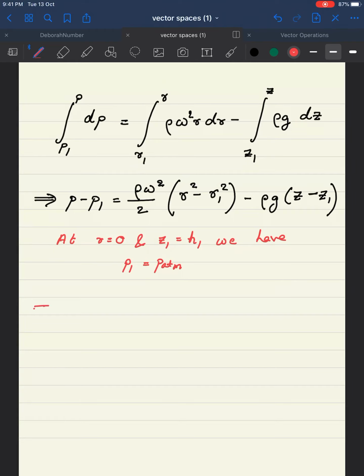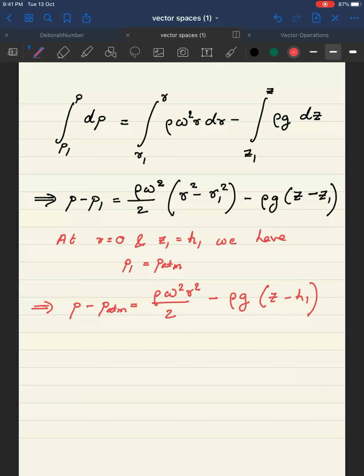So nicely, now our expression becomes P minus P atm plus rho omega square r square by 2 minus rho g (z minus h1). Okay, so this is our equation governing pressure.